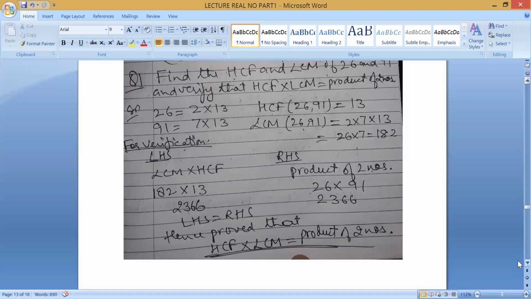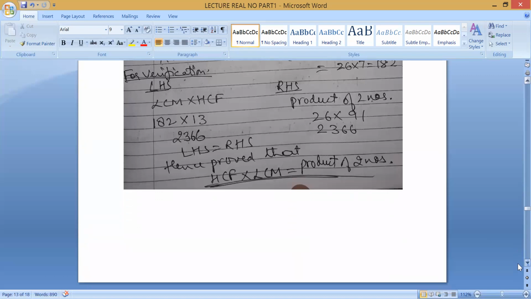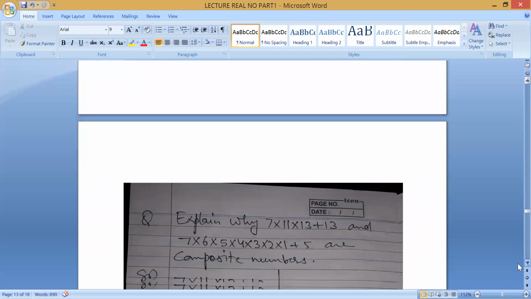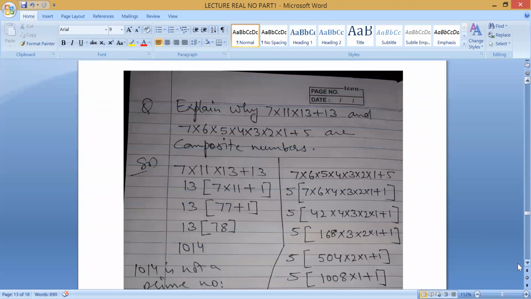Now one more question is asked in the exam: find the HCF of the first prime number and the first composite number. So what do you have to find out? You have to find the HCF of the first prime number and the first composite number. The first prime number is 2 and the first composite number is 4.